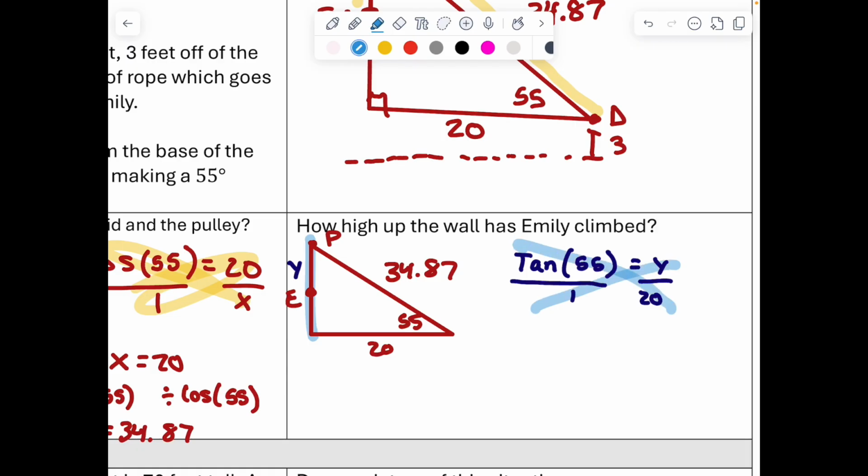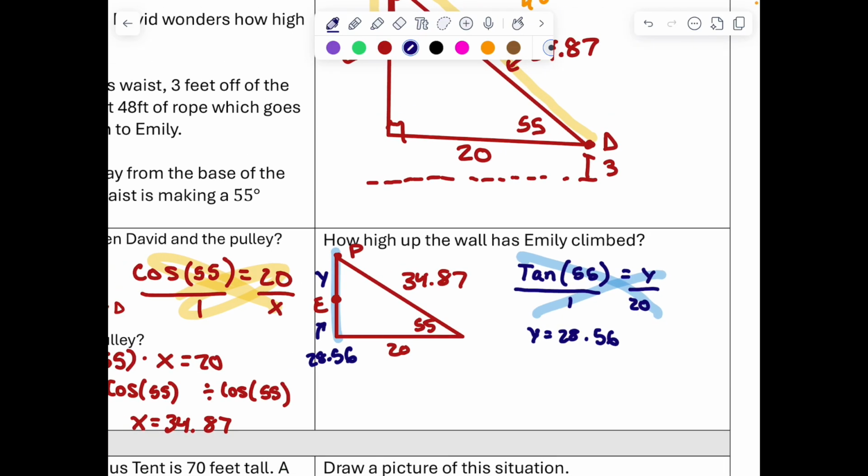Going to cross multiply, and tangent of 55 times 20 gets us 28.56. Okay, so that entire wall is 28.56. Now, how high up the wall has Emily climbed?